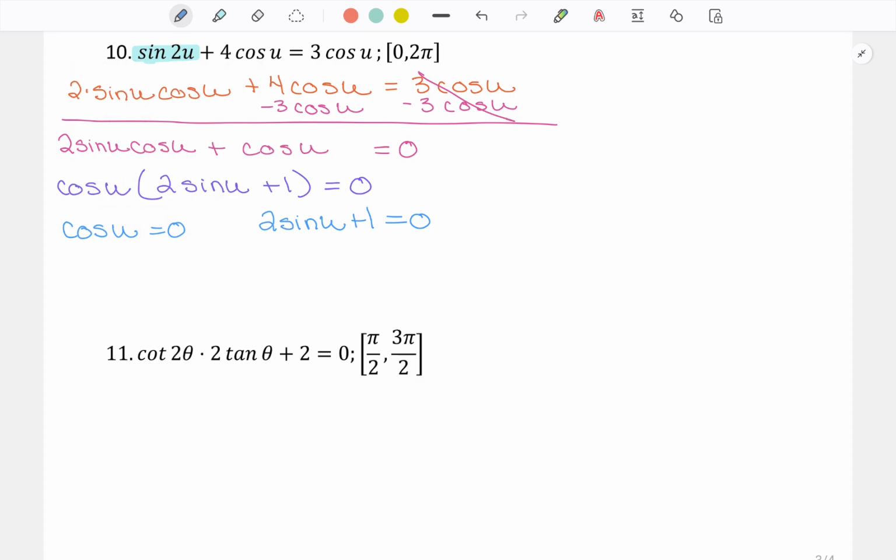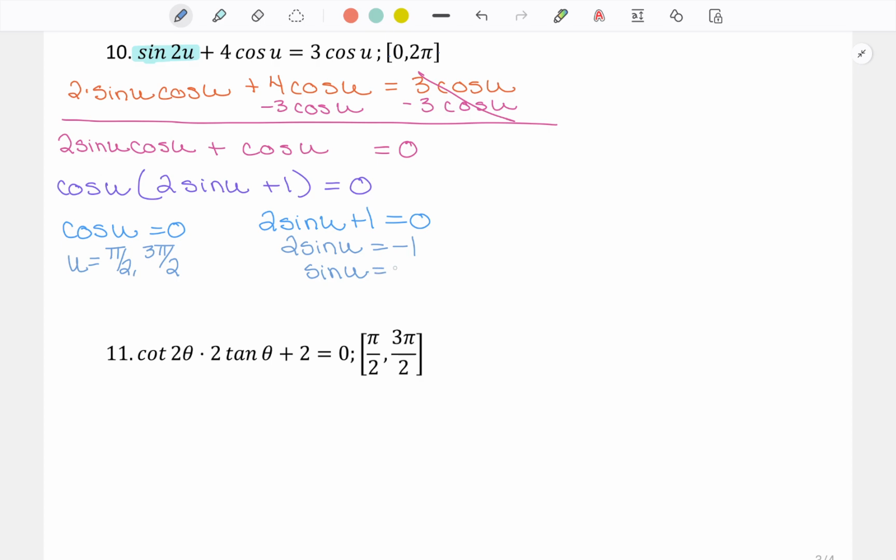And so we have for cosine u equals 0 between 0 and 2 pi, that is going to be that u equals pi over 2 and 3 pi over 2. And then for our other factor, we're going to subtract 1. So we have 2 sine u equals negative 1, divided by 2.